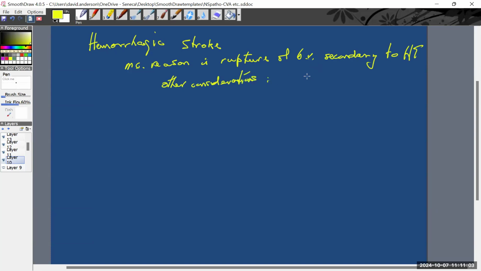Those that are on what we would call systemic anticoagulants. So they may be people that have been at risk for blockages, and so they're on anticoagulant therapies, and a group of medications that are called sympathomimetics.